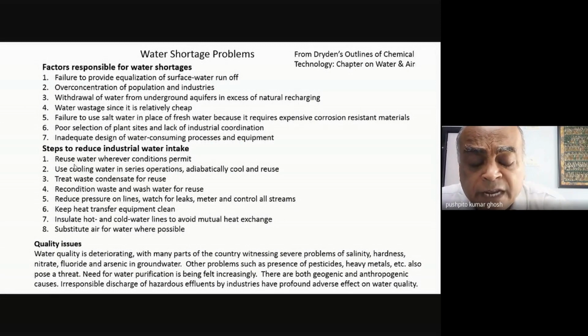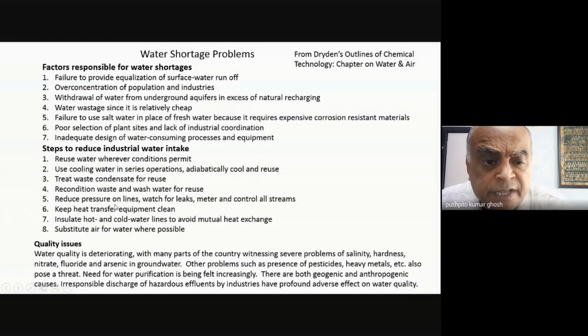The condensate, like for example, you're generating steam from a boiler, and when it's doing its job, the steam is becoming water. Don't throw away that water. Try to reuse that water. So recondition waste and wash water for reuse.